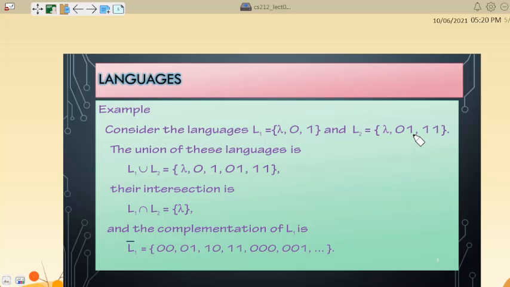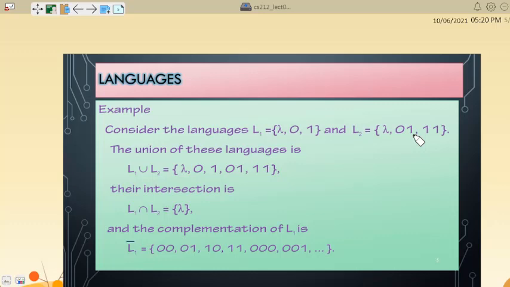Also 0, 1 is only in L2, not in L1, so we don't take it. Also 1, 1 is in L2 but not in L1, so we don't take 1, 1. So we only have lambda for L1 intersection L2.